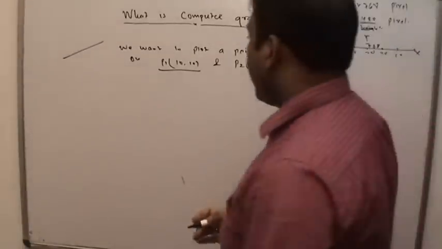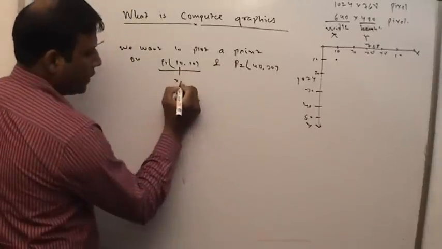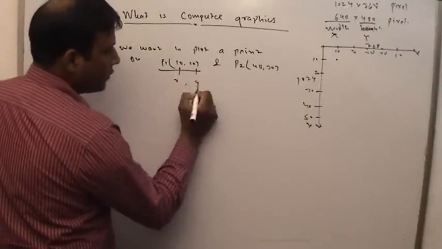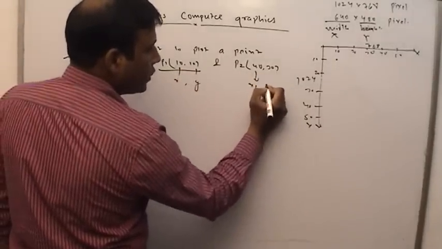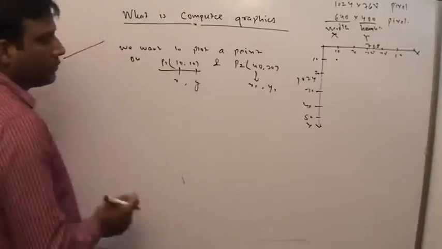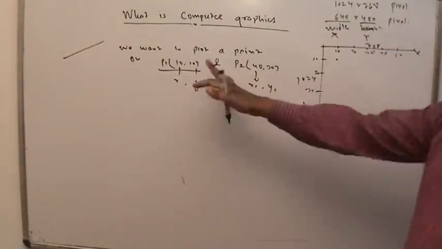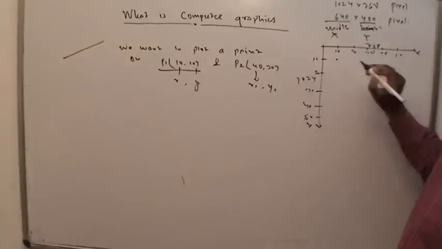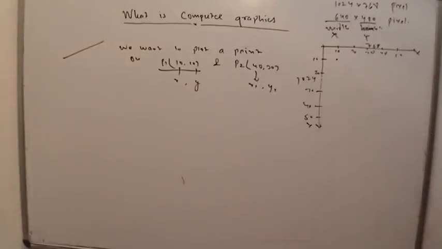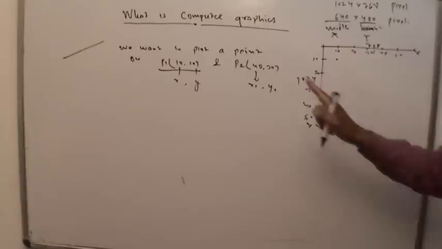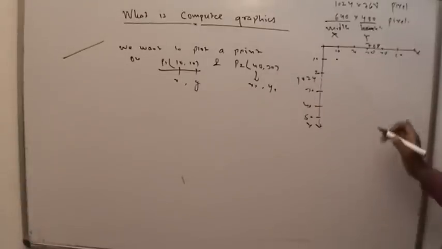This is called the x1 coordinate. This is x and this is y, and these are x dash and y dash. This is the origin point P1, 10 and 10, and this is the destination point 40, 30.